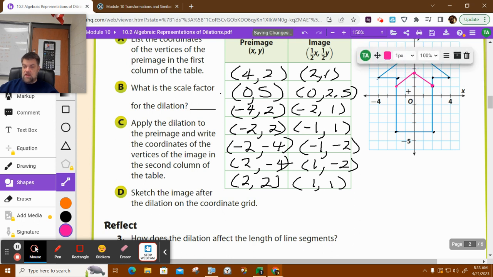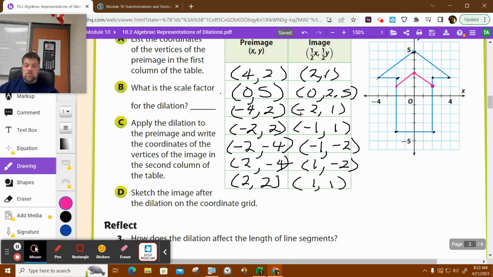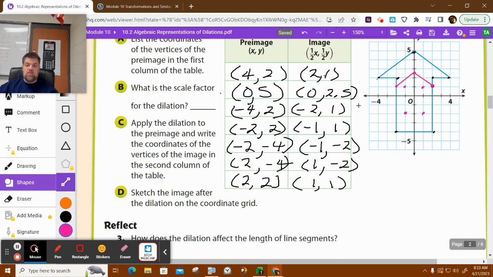And then the next point is going to be negative 1, 1. That's going to go there. Negative 1, negative 2. So I go negative 1, down negative 2. Then 1, 2. I'm going to go over to the right 1, down negative 2. And then right here. So those are all the points that I've plotted.